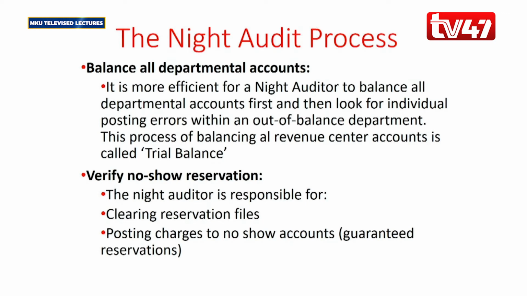So they first do the balancing of all the departmental accounts, but in the event they find any that is not balancing, it makes their life easier to only deal with the out-of-balance departments. Now, this process of balancing, where we balance all revenue centers first, is what we usually call the trial balance in night auditing processes.